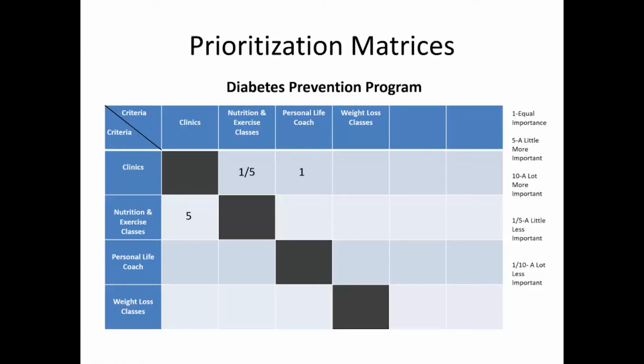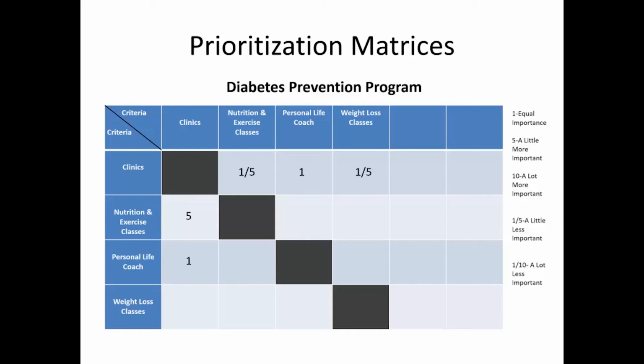Now we can do the other example and compare clinics with a personal life coach and say that those are of equal importance, and then comparing clinics with weight loss classes, saying that clinics are a little bit less important than weight loss classes. This would be assuming that these topics are discussed by a small group within the organization that is planning the intervention program.